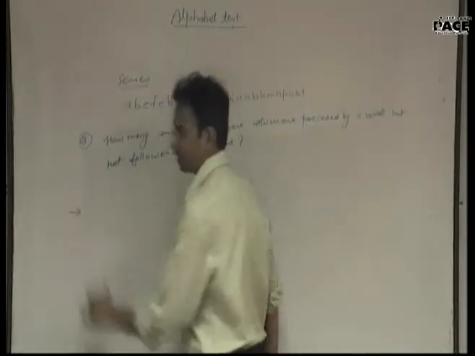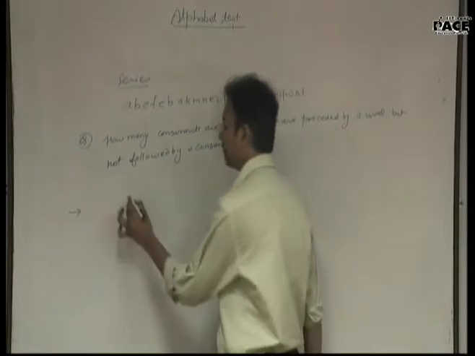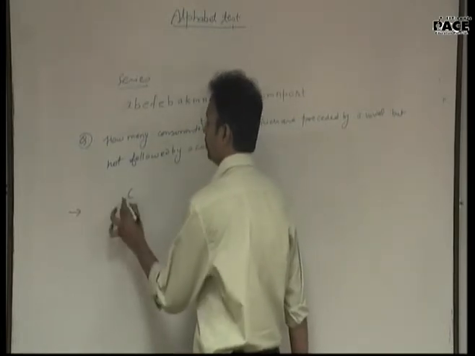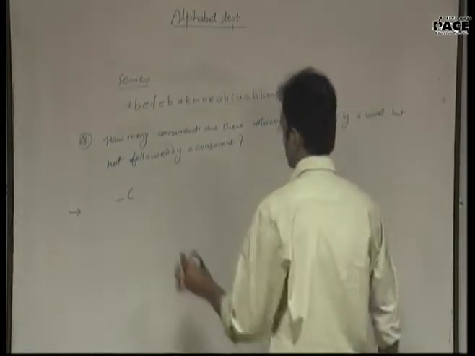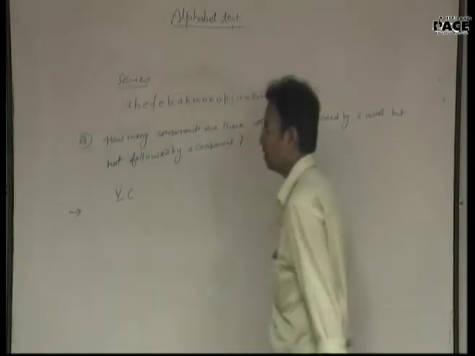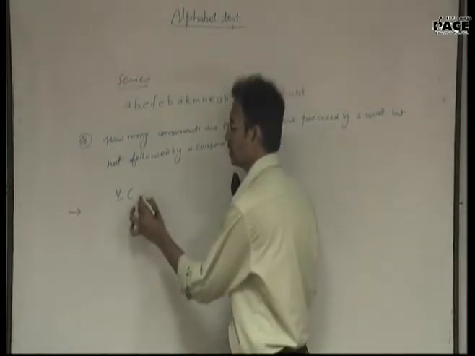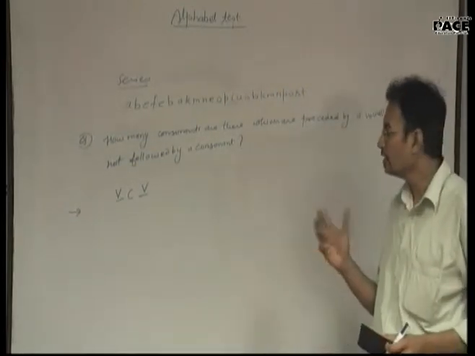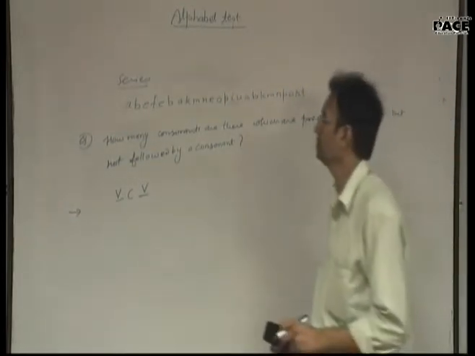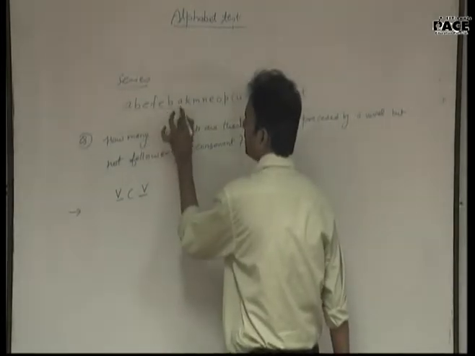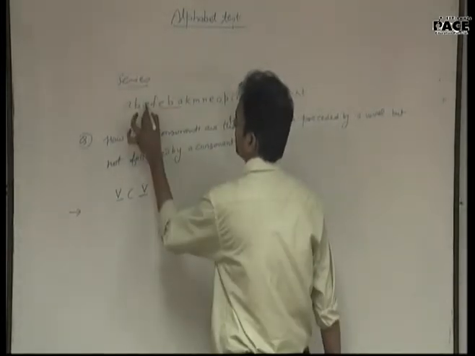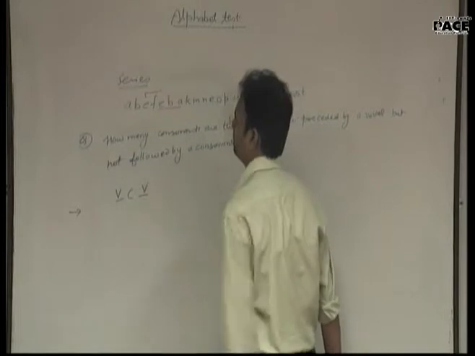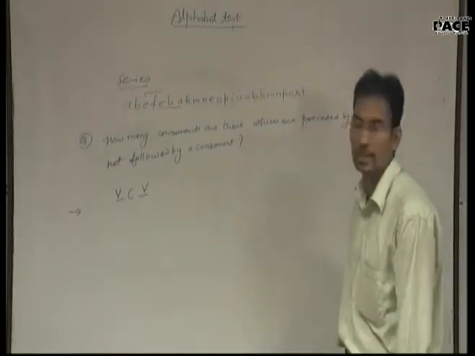So what arrangement we have to make? We have to find out the consonants which are preceded by a vowel but not followed by a consonant, means should be followed by a vowel. So one consonant is followed by and preceded by a vowel. Now one arrangement is EFE and one is EBA.